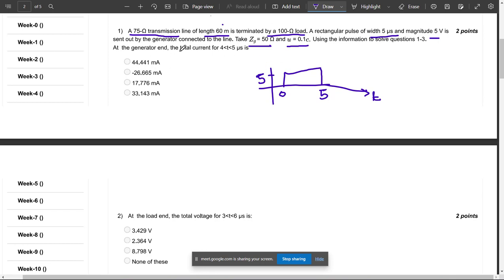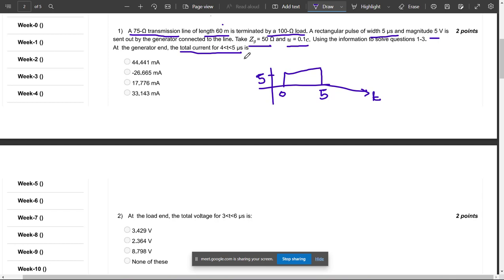Now it's asking for total current for t between 4 to 5 microseconds. So I will repeat the question once. A circuit is given with a transmission line and some parameters of the transmission line are given, and a rectangular pulse is given to this circuit with 5 microsecond time and 5 volts amplitude.